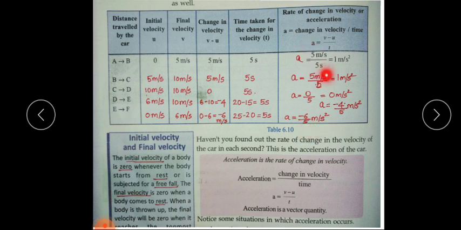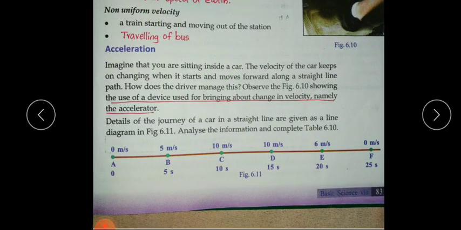So up to C, the car has positive acceleration. Later it has negative acceleration. What does it mean? From A to C, you can see the velocity of the car is increasing, and from C to D there is no change in velocity, and from D to F the velocity is decreasing.